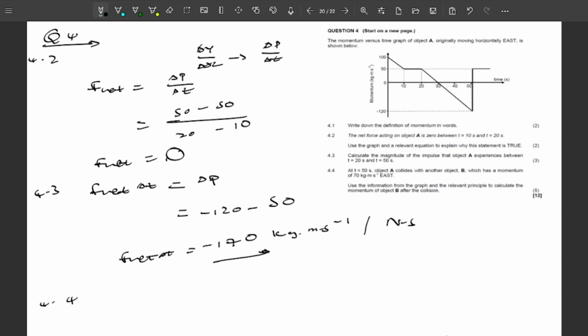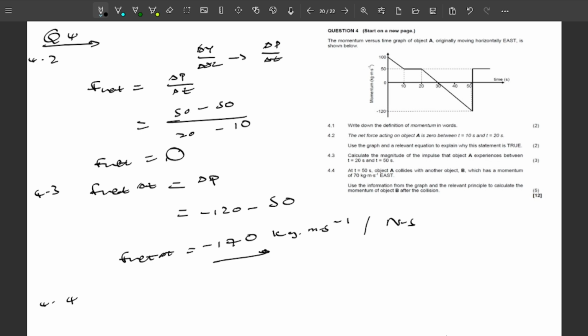So they state at t equals 50 seconds, object A collides with another object B, which has a momentum of 70 kilograms meters per second east. Okay, so they gave us the momentum, sorry.